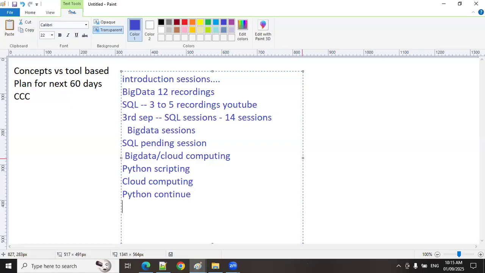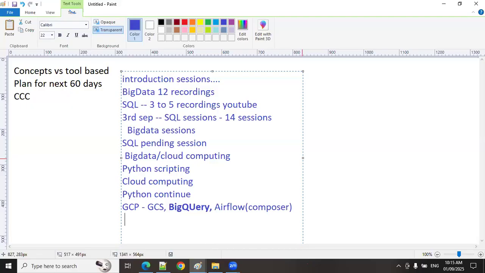After Python completion, we'll start GCP. Here, cloud computing means I will introduce what GCP is and everything. By this time, you have some idea about GCP, and then we can start with GCP. In GCP, first GCS, then BigQuery, which is very, very important, and then Airflow, which is called Cloud Composer.